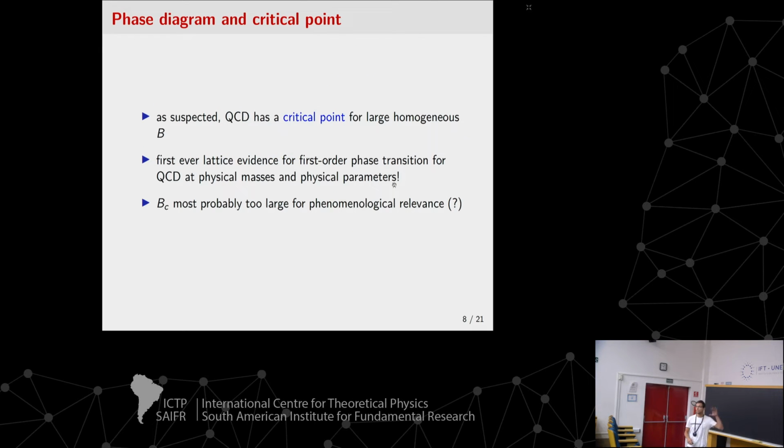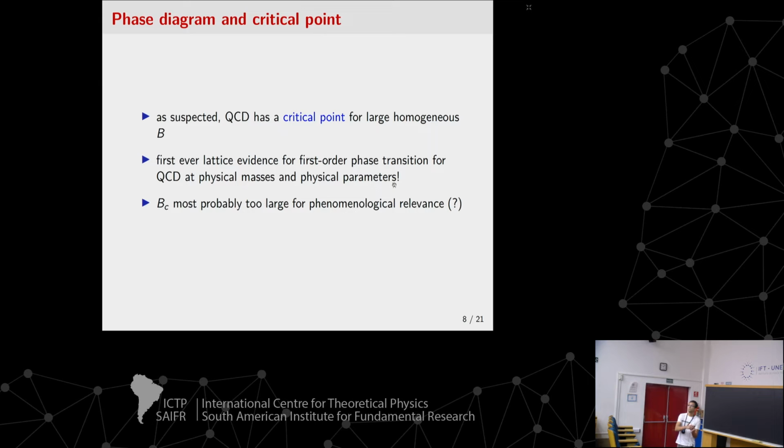My opinion on these results is that it's a very nice thing to see that, as suspected and expected, we do have this critical point. And as a lattice practitioner, I'm particularly excited about this because this is really the first ever observation of a first order phase transition in full QCD at the physical point with a physical parameter.